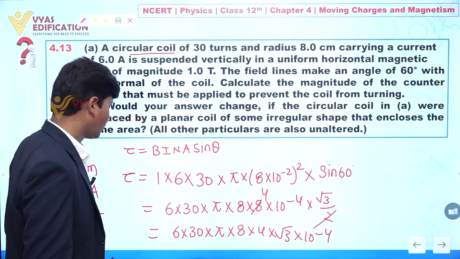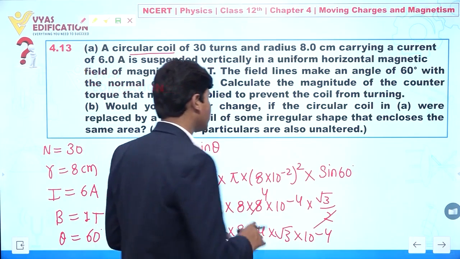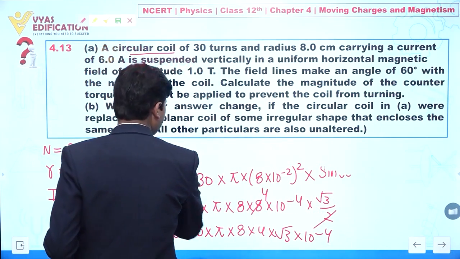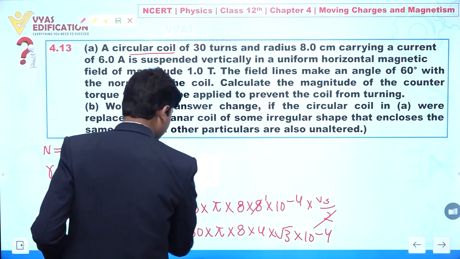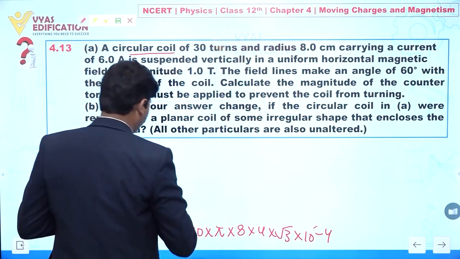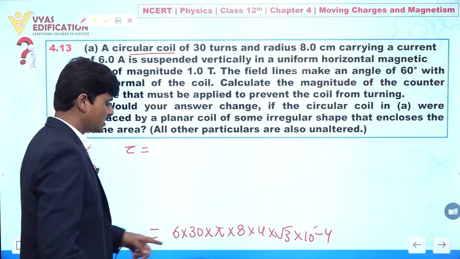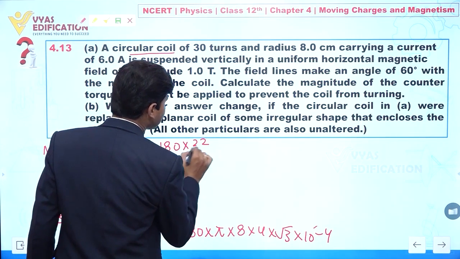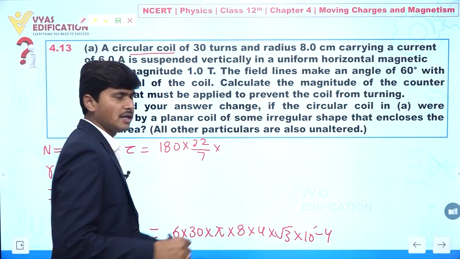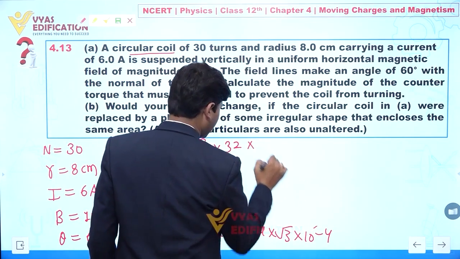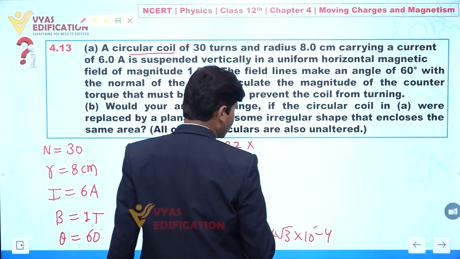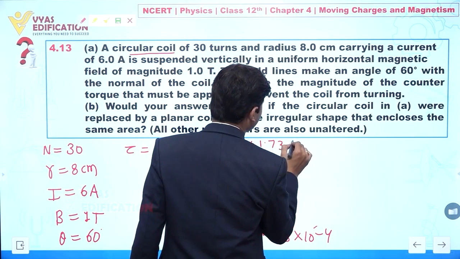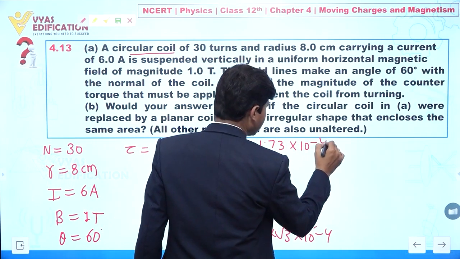Clear everyone? Now listen carefully. Now we just have to solve and we will get the value of torque. So the torque is given by 180 multiplied by 22 by 7, here we have 32, and here we have root 3, so 1.73, into 10 to the power minus 4.